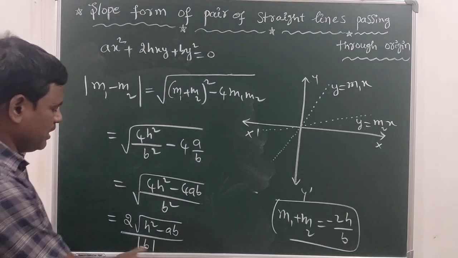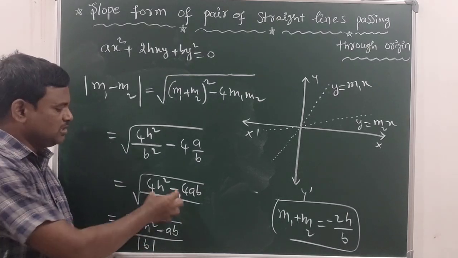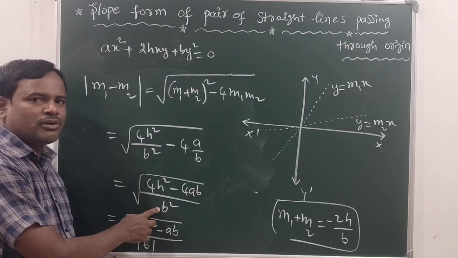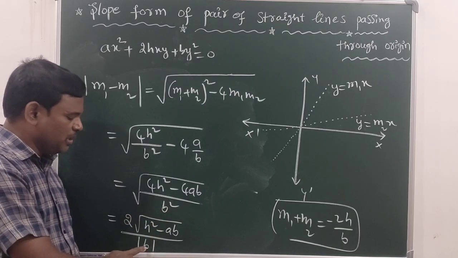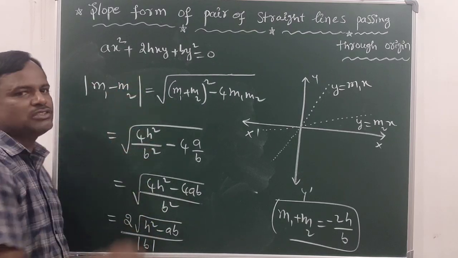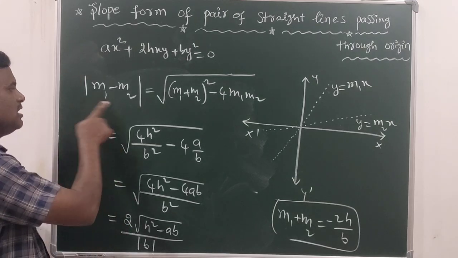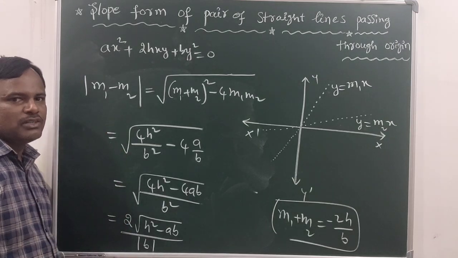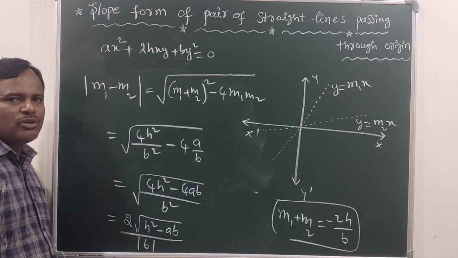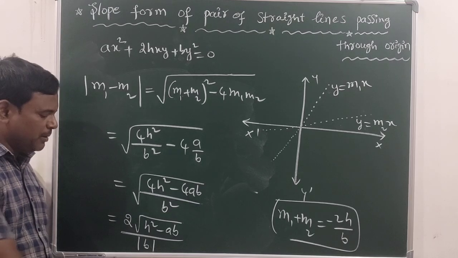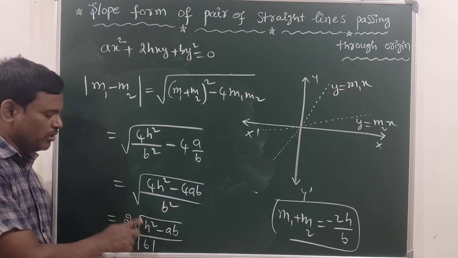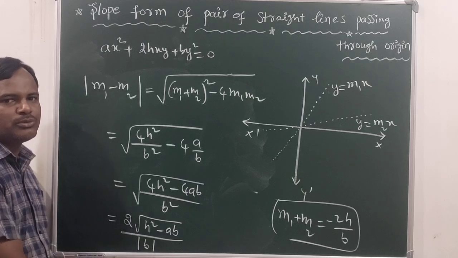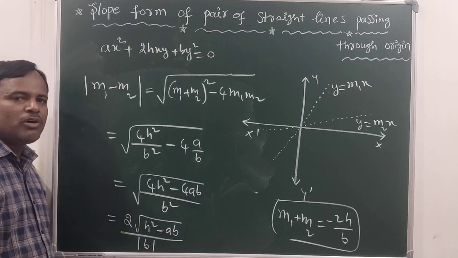Mod b you would have to write, because this is going to come from the square root, hence it should be always positive. Here I kept the modulus symbol, so hence this difference must be positive. So how much do you get? 2 into root of h square minus ab by mod b. This is a positive quantity, hence this should also be positive. Hence I kept here the modulus symbol.